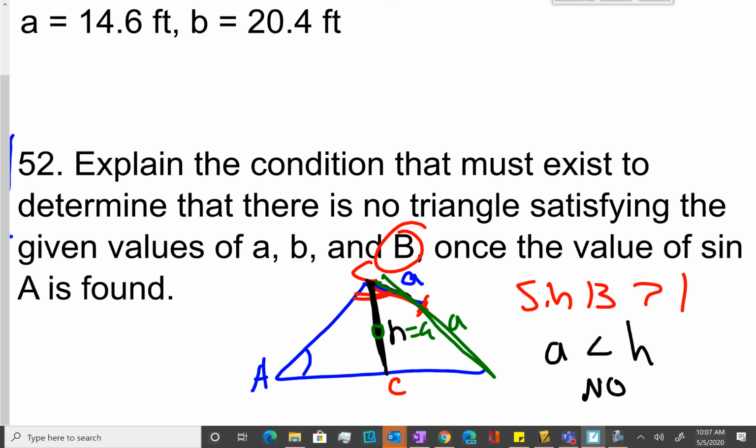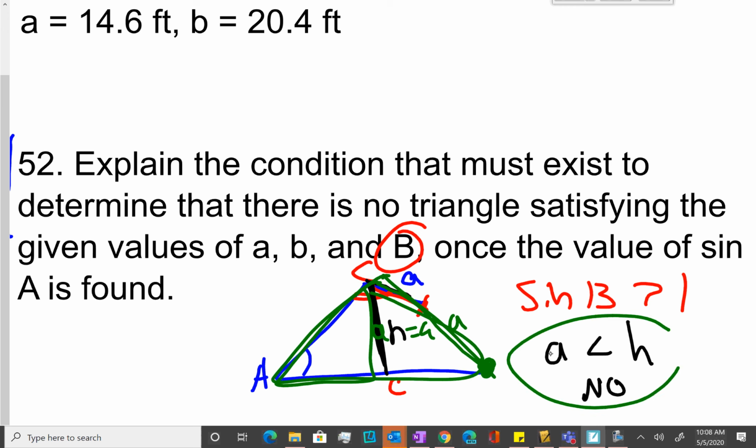If A equals H, these two would be the same, and I would have two triangles, one here and then the big one, right? And if it's bigger, then it's going to connect somewhere down here. So that's how you can do it if there's no law of sines. With the law of sines, I can use that. If the value for the angle that I'm finding is bigger than 1, like that first one, then we have no triangle.